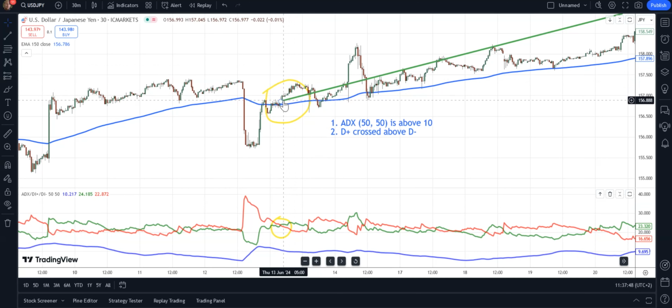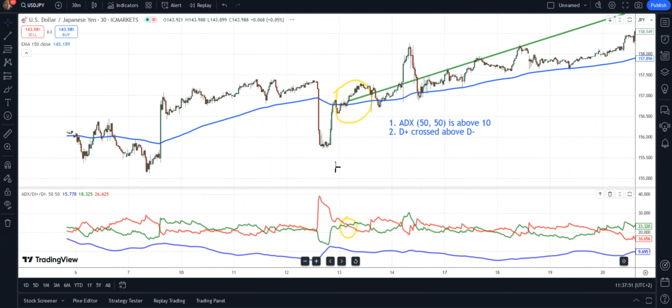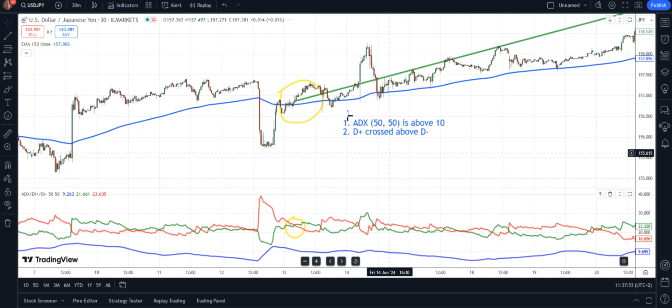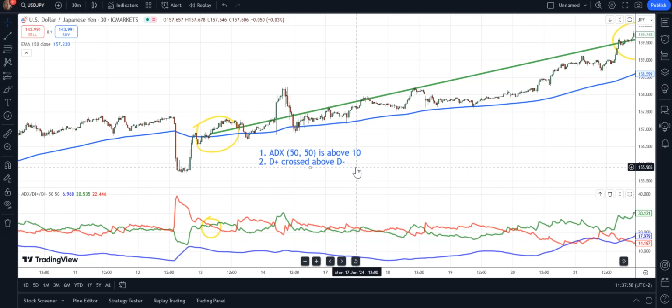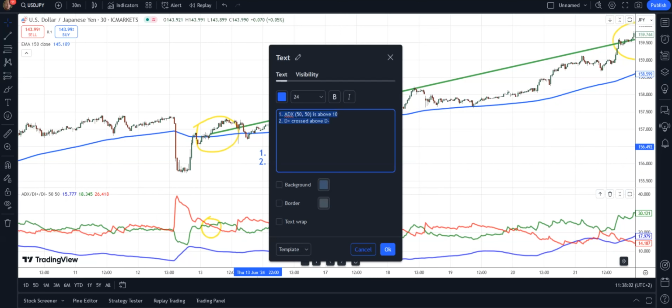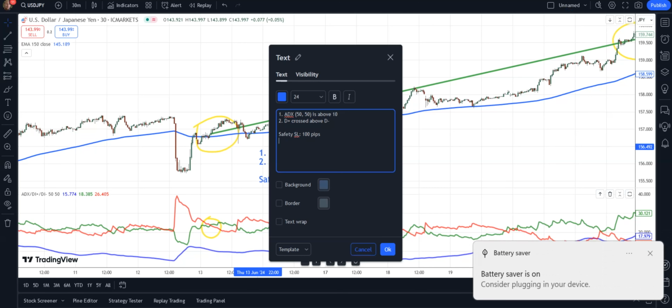We entered the trade and it was a long trade, so of course we have a safety stop loss that is 100 pips, and we have a TP at all times that is 300 pips.